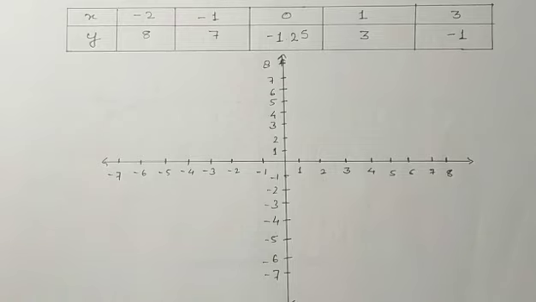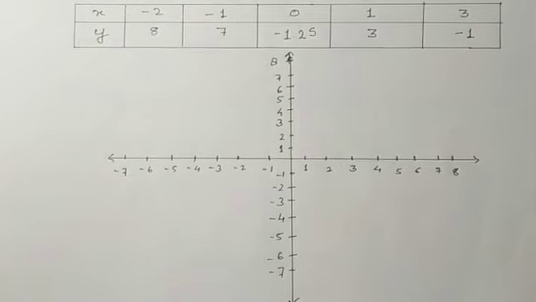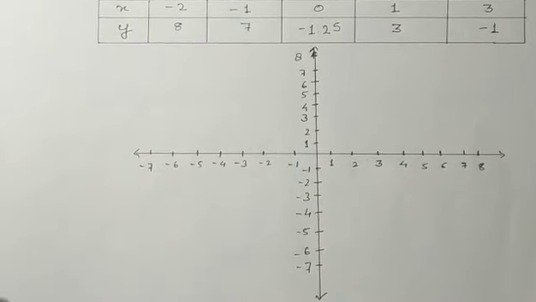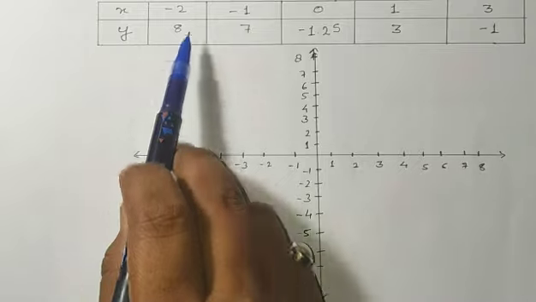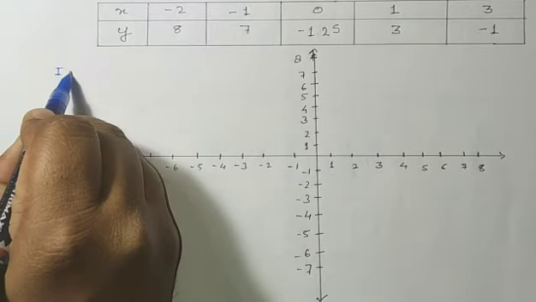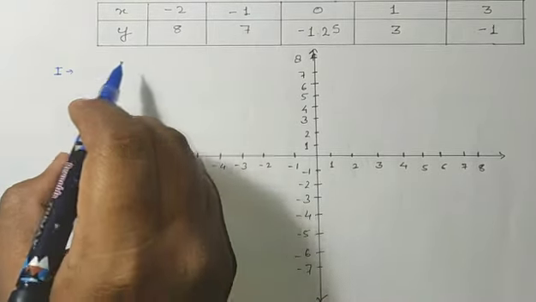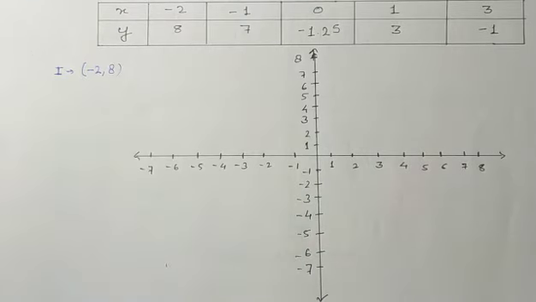So you have to represent it. The first value x comma y is minus 2 comma 8. We will write it in the coordinate form. So it is minus 2 comma 8.